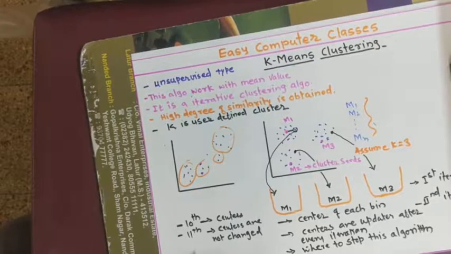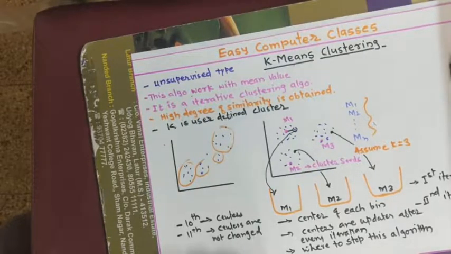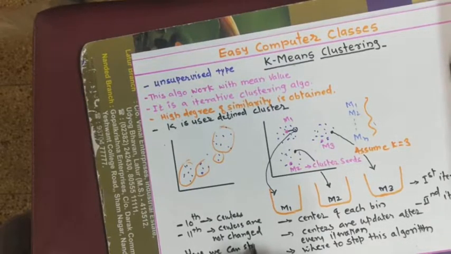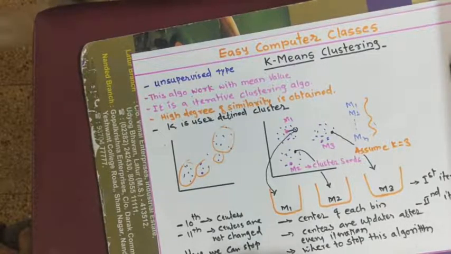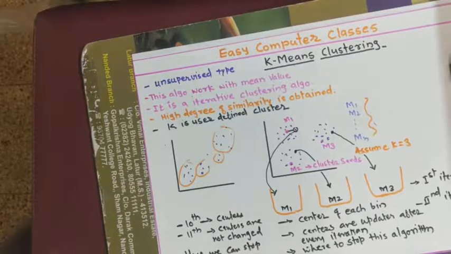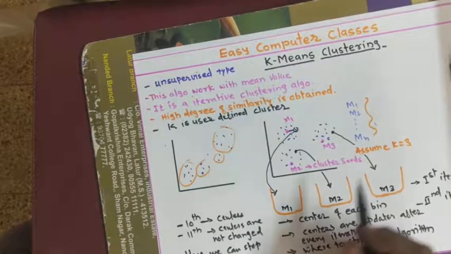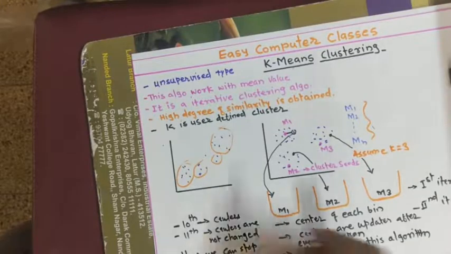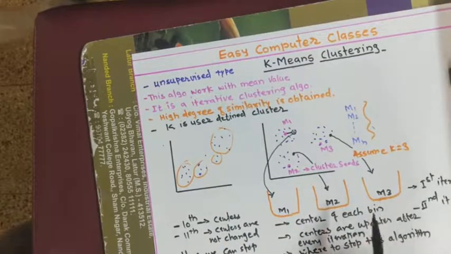This is the step where we can say the algorithm has converged, and here we can stop the algorithm. We then get a high degree of similarity among the elements placed in the respective clusters. This is how we can organize every element of the training data set into the respective clusters.